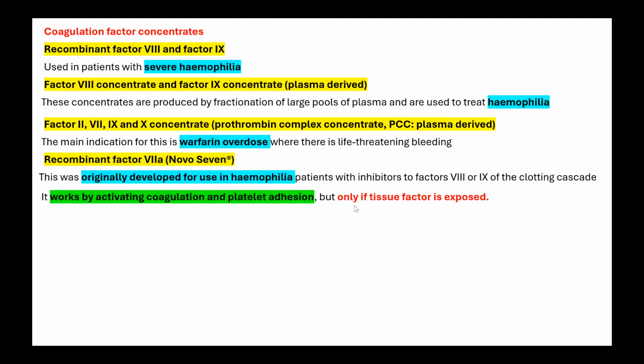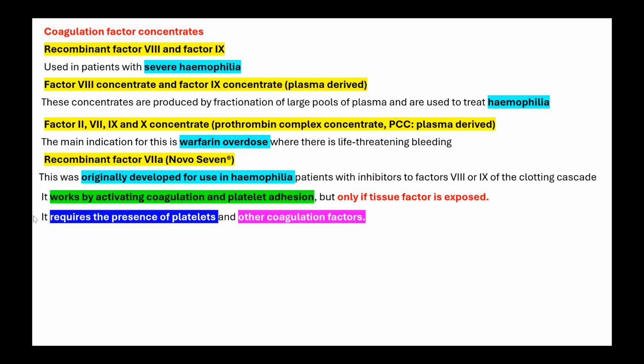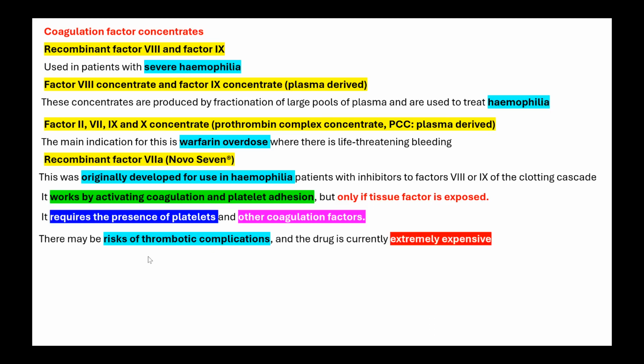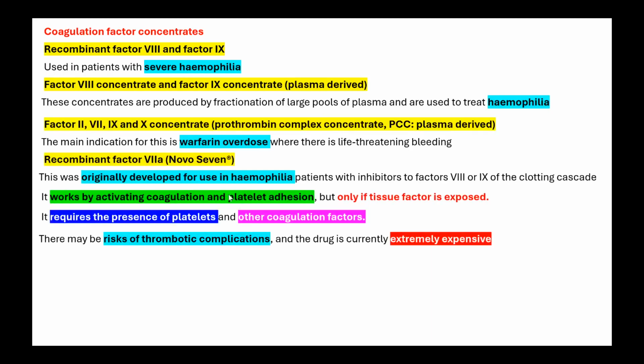So this is the restriction or limitation of that. It requires the presence of platelets and other coagulation factors to act, there is a risk of thrombotic complications, and it is extremely expensive. So this is the reason why it has lost its popularity, and very rarely we use it now.